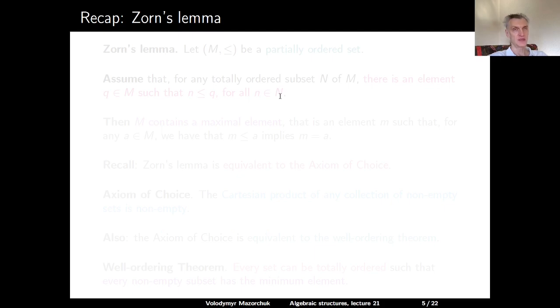One of the main ingredients which we will need in the proof of the existence of algebraic closure is Zorn's lemma. So let's recall this set-theoretic axiom. Zorn's lemma: let M be a partially ordered set.